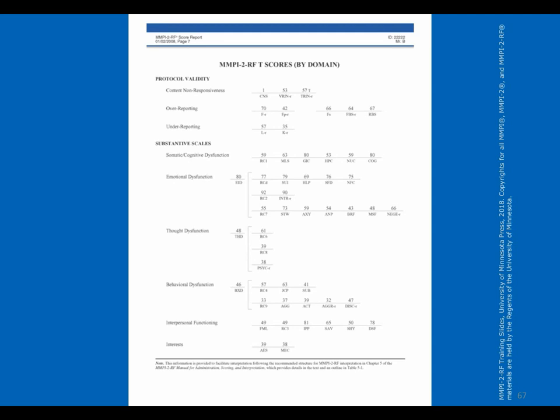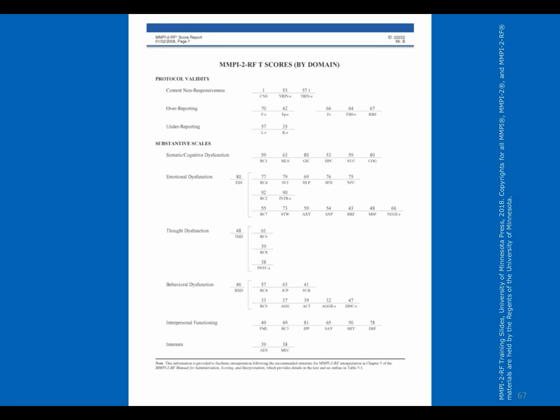This is actually a very useful summary of the MMPI-2-RF information because it organizes all of the scale scores into the standard interpretation framework where, for example, we begin with protocol validity in the areas of content non-responsiveness, over-reporting and under-reporting, and then move into interpreting the substantive scales by domain in the order of beginning with the higher-order scales, moving on to the RC scales, and then finishing up with the specific problem scales and the Psi-5 scales.